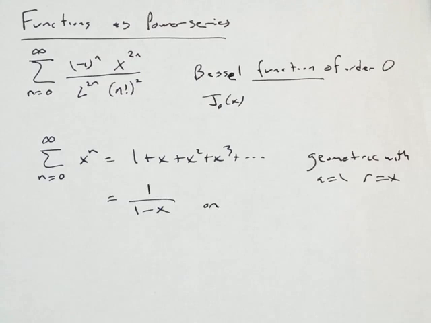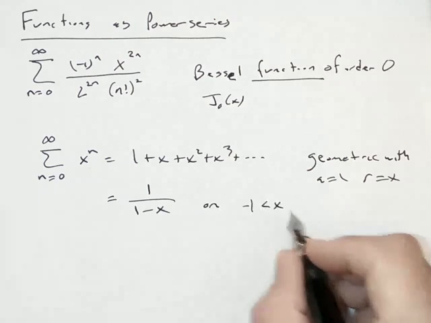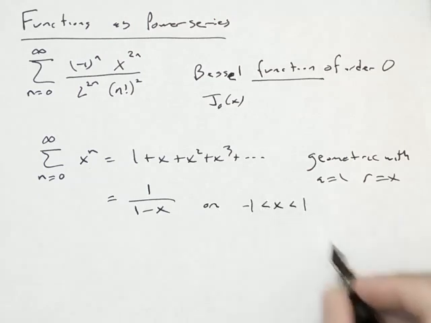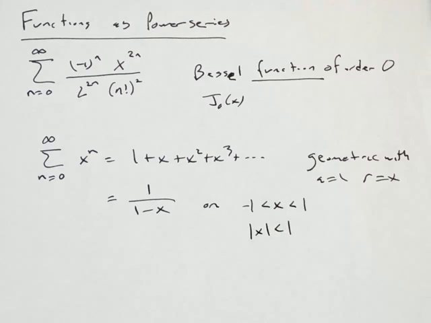On what interval does that converge? Which is negative 1 less than x less than 1, or the absolute value of r is less than 1, right?